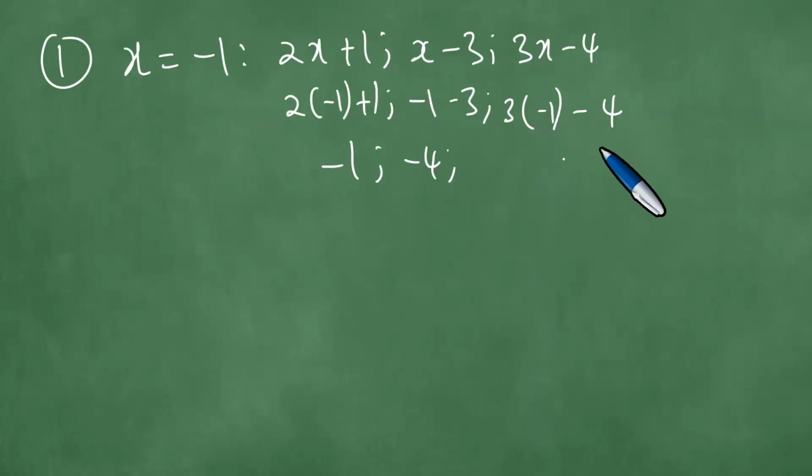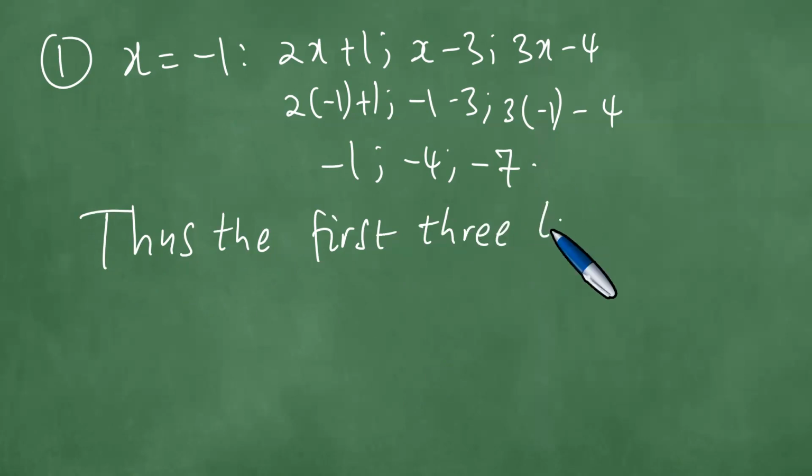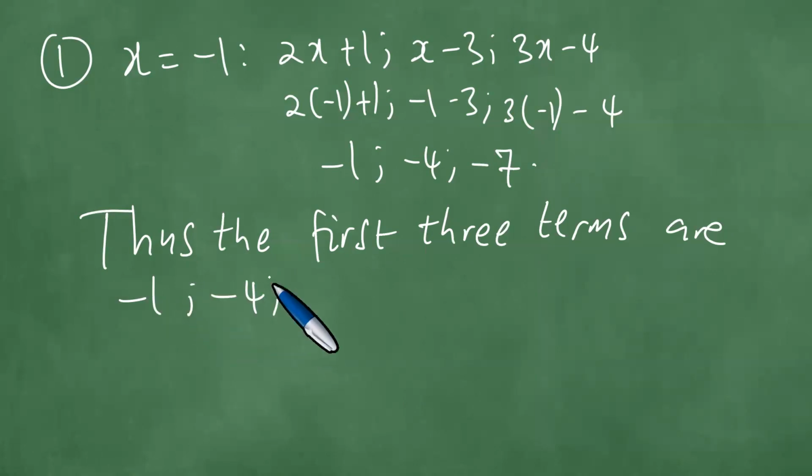Minus 1 minus 3 is minus 4. Minus 3 minus 4 is minus 7. Hence, the first three terms are minus 1, minus 4, minus 7.